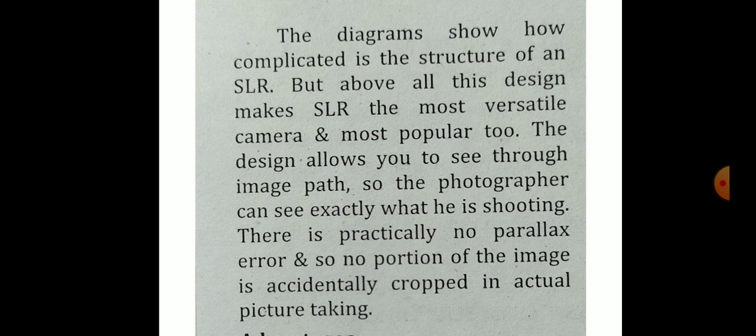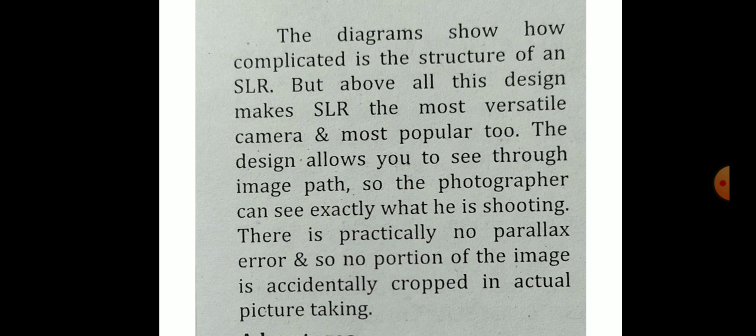The design allows you to see through the image path, so the photographer can see exactly what he is shooting. There is practically no parallax error, and so no portion of the image is accidentally cropped in actual picture taking. Understood?